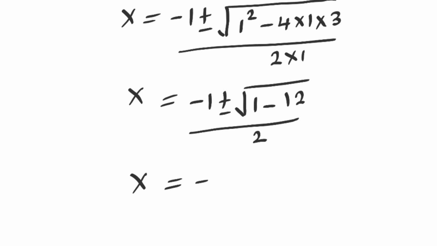x is equal to -1 plus or minus the square root of -11 all over 2.